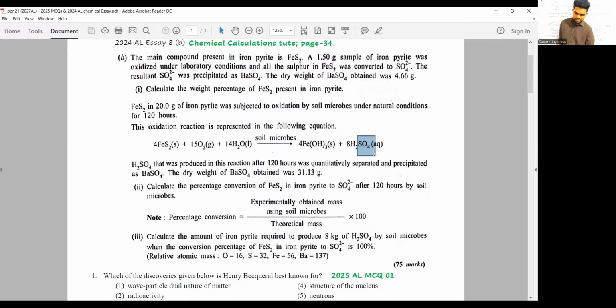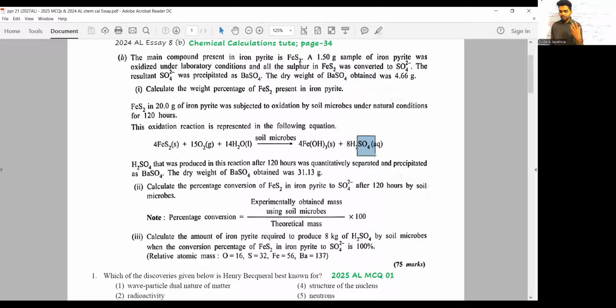What they're asking is to calculate the percentage conversion of FeS2 in iron pyrite to sulfate after 120 hours by soil microbes. They have given an equation for that too, so you can understand it more: experimentally obtained mass using soil microbes and theoretical mass. That's how you calculate the mass percentage.